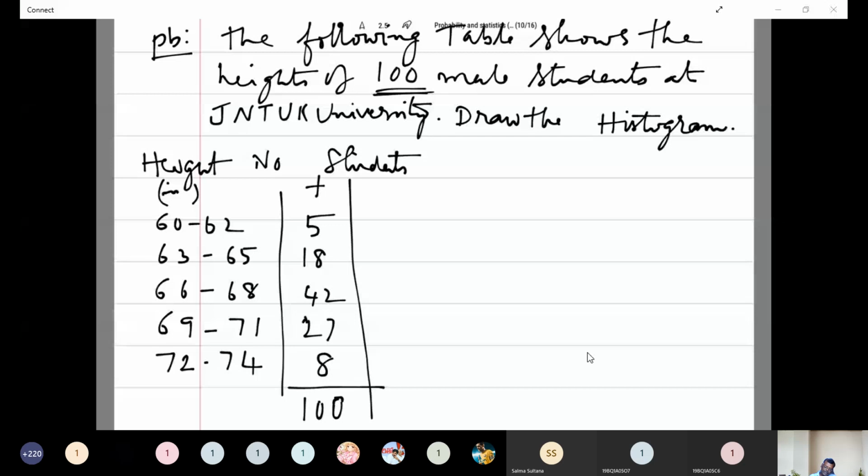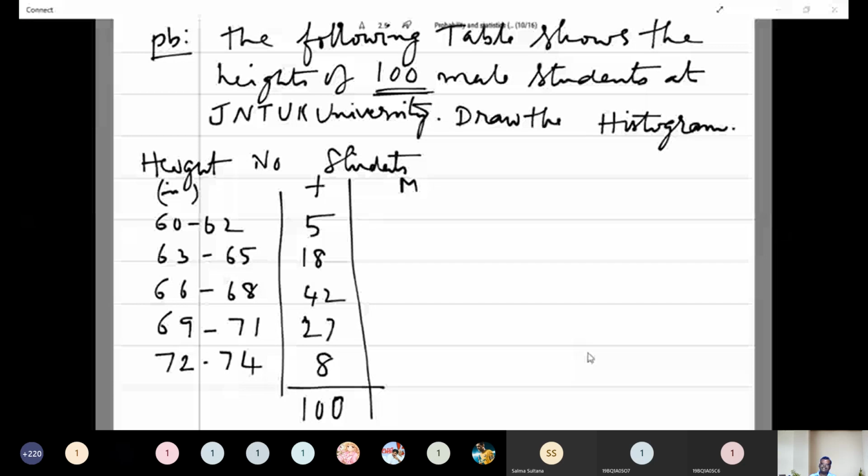Therefore, for simplicity, we have to take the midpoint of the class interval. When you draw for this type of problem, you have to take the midpoint. What is the midpoint of these two? 60, 62. Midpoint is equal to 61.